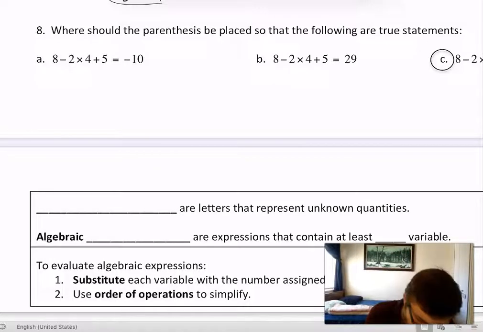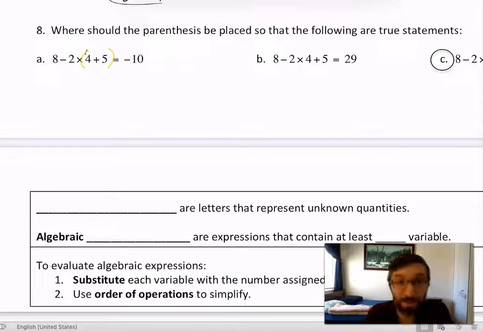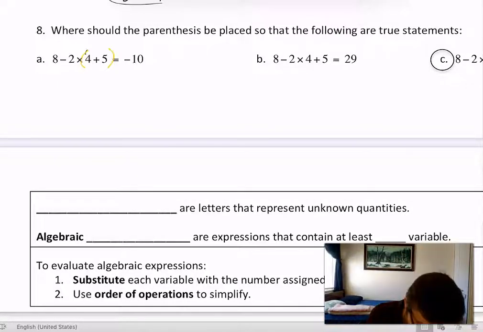For A, let's try here. That would be 20. Oh, sorry, that would be 9. I can add, I think. And let's put another set of parentheses here. So that would be 8 minus 2 times 9.